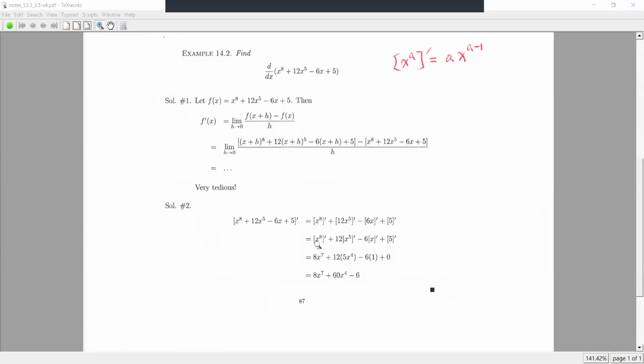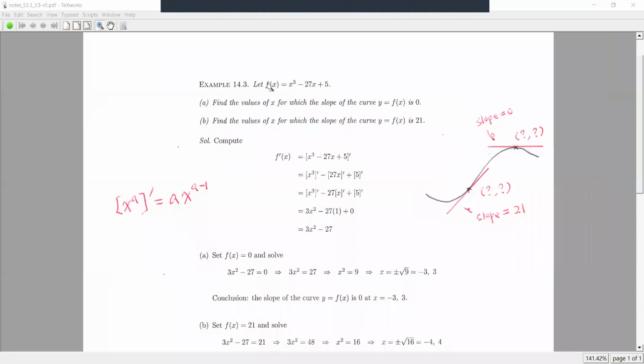Derivative of the power function x to the 8 and derivative of the power function x to the 5th, I can apply the formula for power function. Then I have this equation. Now simplify this expression. 12 times 5 is 60. This is 6. Then derivative of this polynomial is this polynomial.